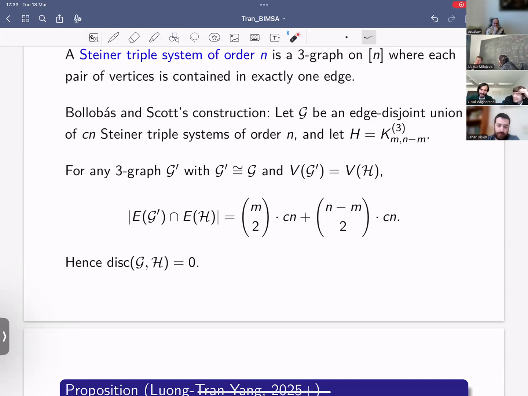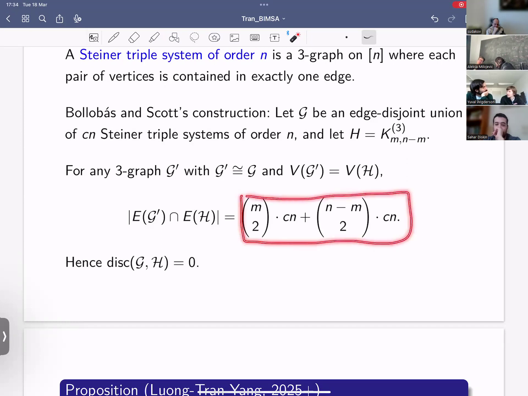But didn't you need the cn vertices to be completely inside these n minus m vertices? Good question. Okay, actually, yes, so the calculation is this.